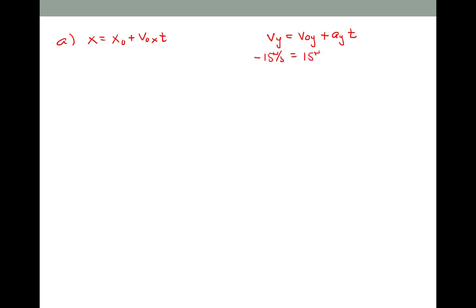V naught y was a positive 15 meters per second. Acceleration is 9.8 meters per second squared downward, which brings in a negative sign. And solving all of that for t gives me 3.06 seconds.